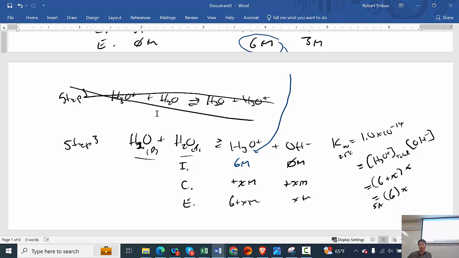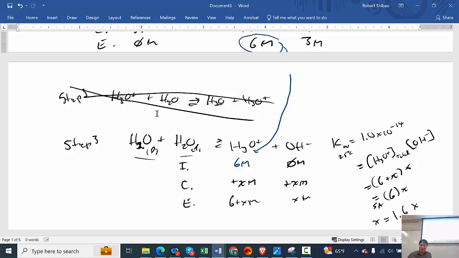So we'll have to do 1/6, so at 0.2, and 1/66. So X is going to equal 1.66.